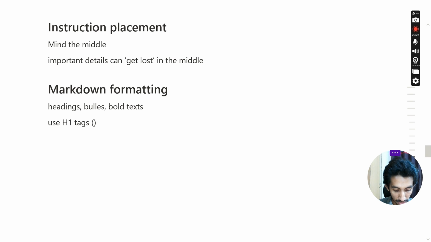You can mark it with the hash symbol, or I believe it's also called pound symbol. In some places we call it hash, in Bangladesh. You can use H1 tags, H2 tags, H3 tags, and you can indicate those as double pound symbol, triple pound symbol.